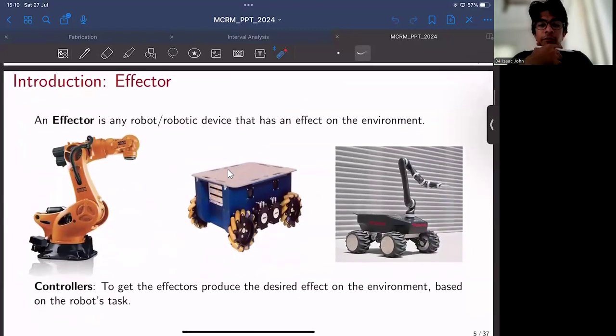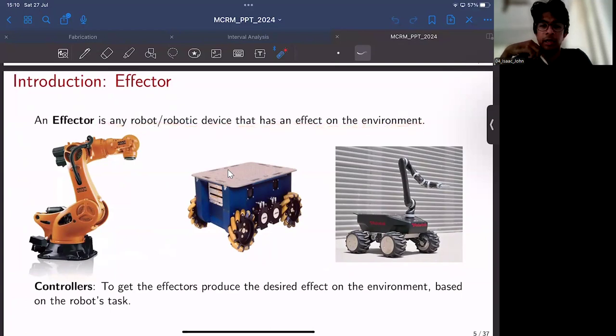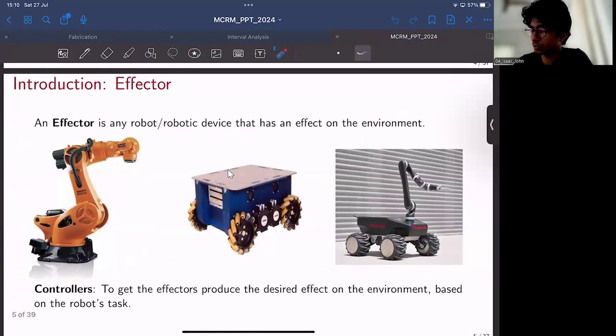And speaking of robotic manipulators, one important thing that you would often come across is a term called effector. The key definition of an effector is any robot or robotic device that has an effect on the environment. And there are various classes of effectors. The first one depicted here is an effector called a manipulator.